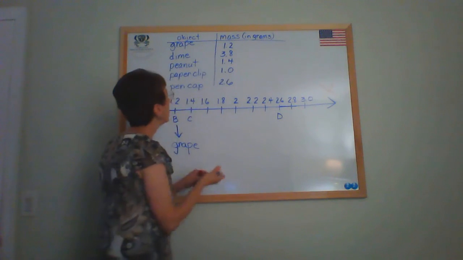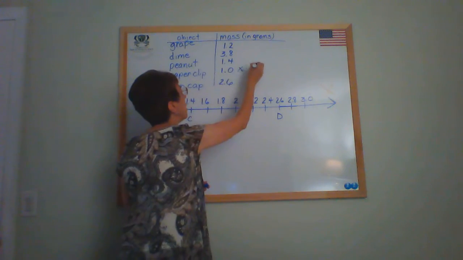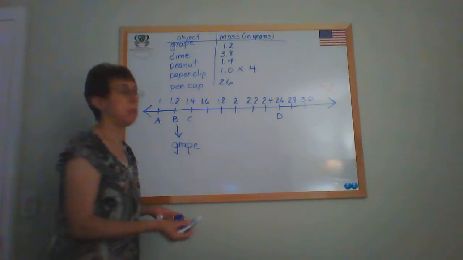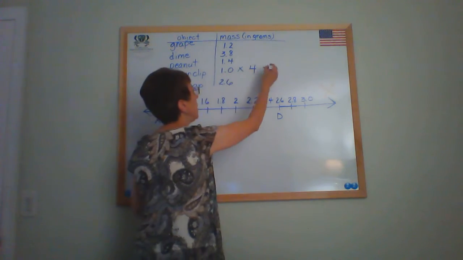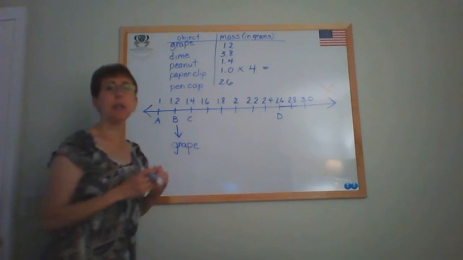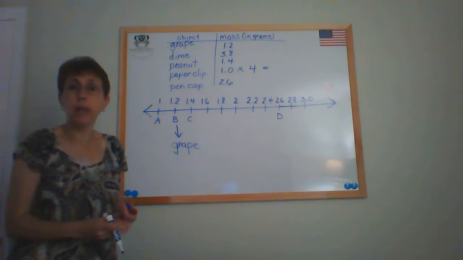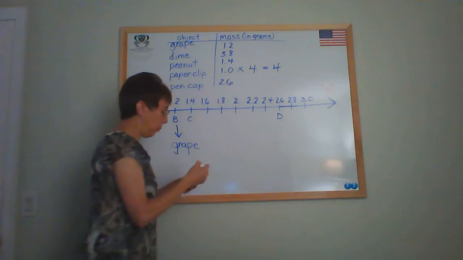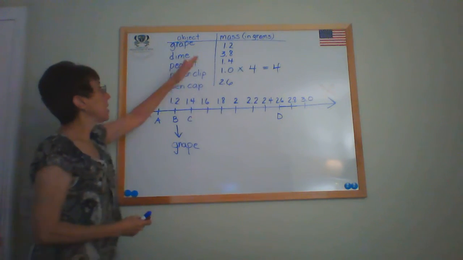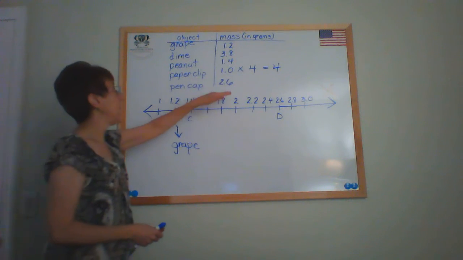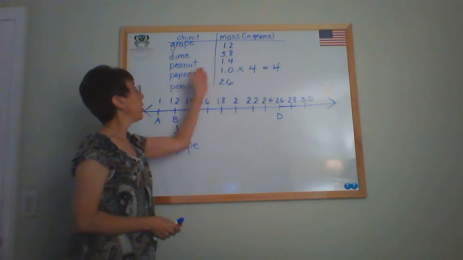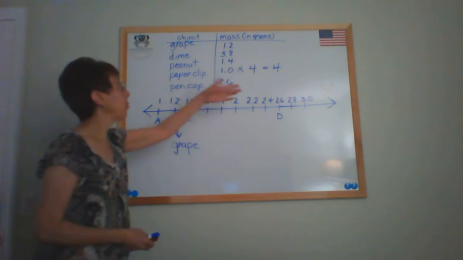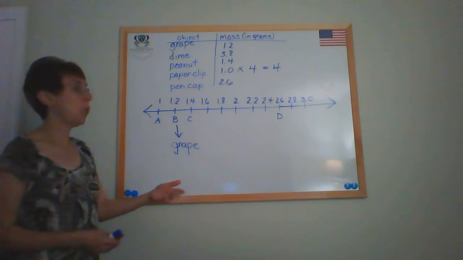Okay. So we have 1 times 4 would be what? Again, forgetting for a minute that it's written as a decimal, just think of it as a whole number because that's what 1 is. It's a whole number. And 1 times 4 is 4. So if we were looking for some other object that weighs almost 4 times the paperclip, we're looking for then a mass of about 4 grams.